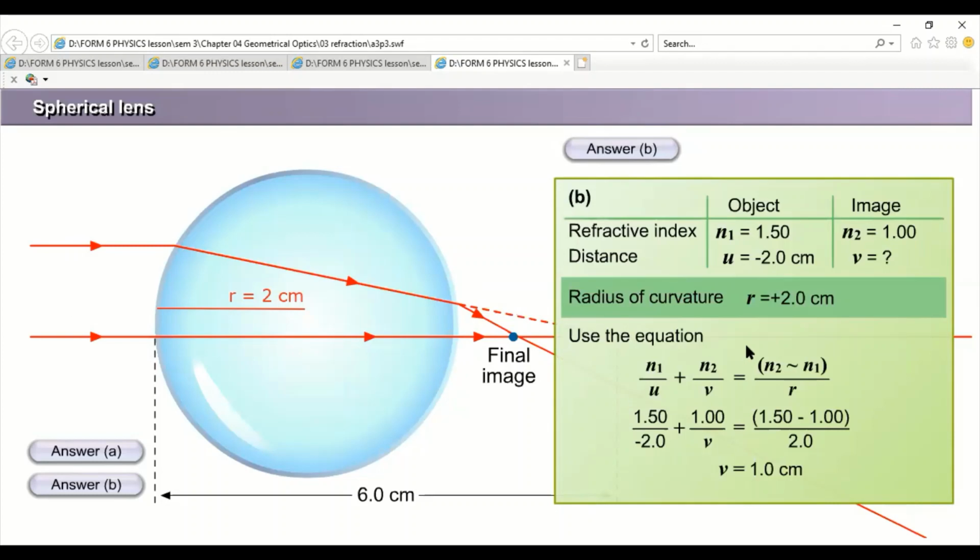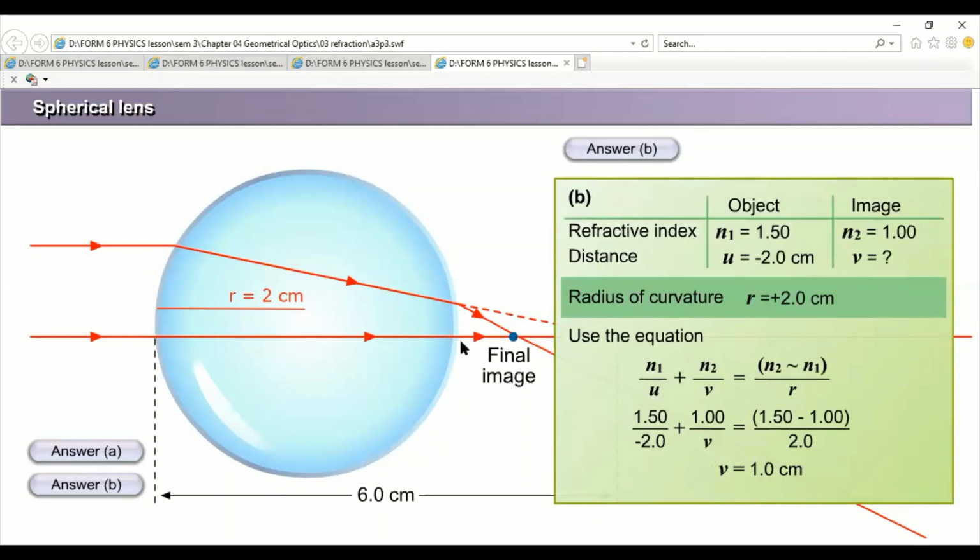Okay, so we calculate, we get that v is equal to 1 cm. That means this one is considered a convex surface now. So 1 cm is positive, that means 1 cm in front.